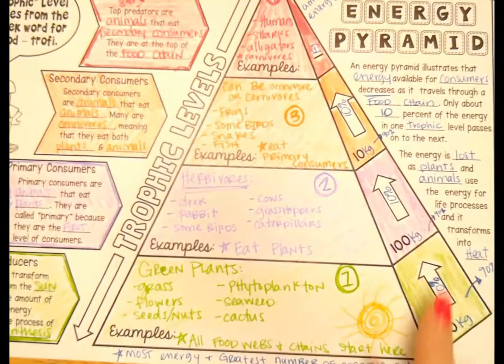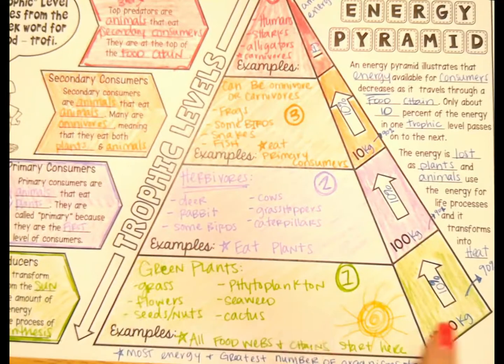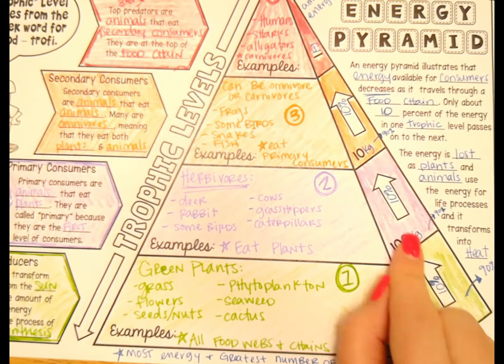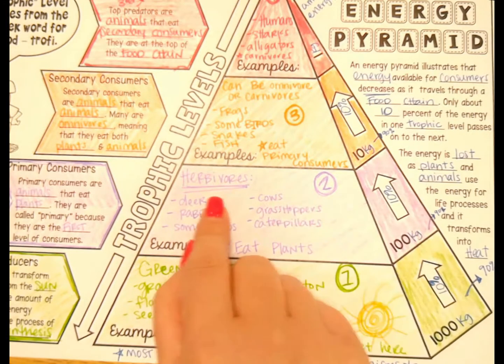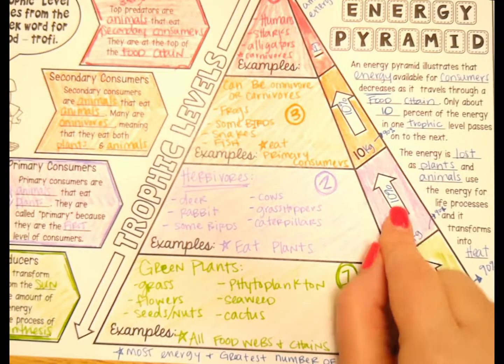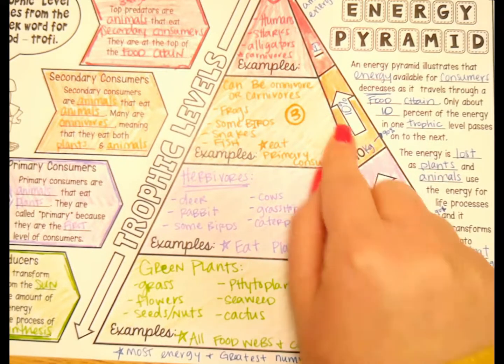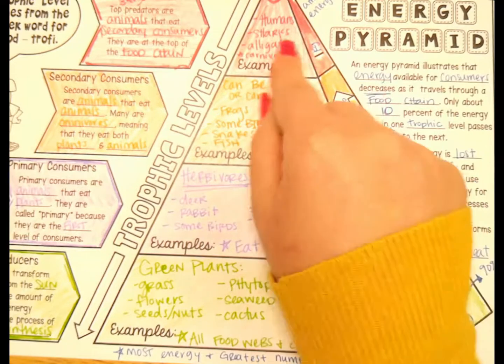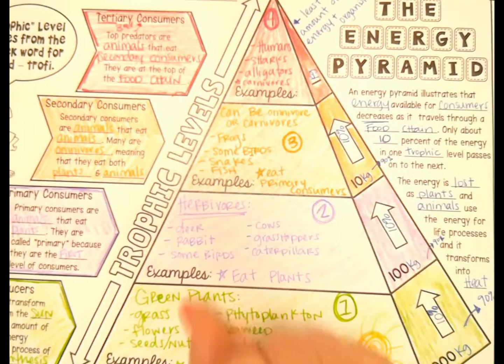Just a reminder, this level is our producer level, right? The most energy, the most potential energy is here. We lose 90% at each level. We carry on 10% through each of the food webs, right? We lose 90% here. Carry it up 10%. We lose 90% of that 10% here, and it makes it so that energy transfer is very inefficient.